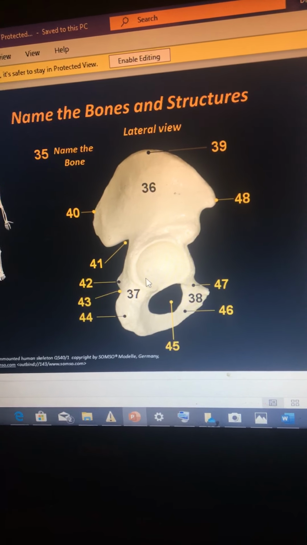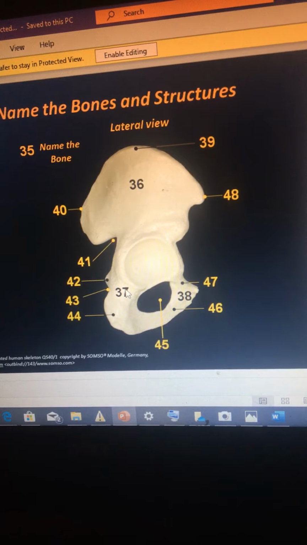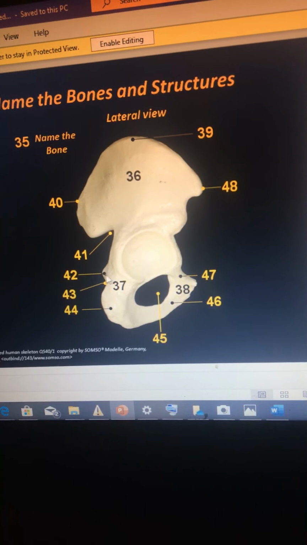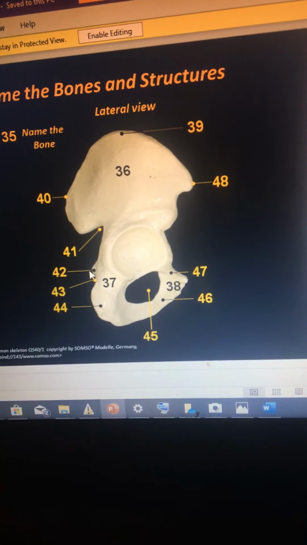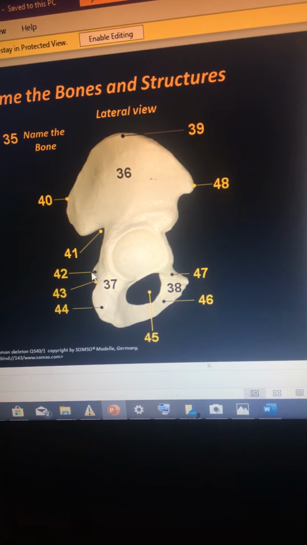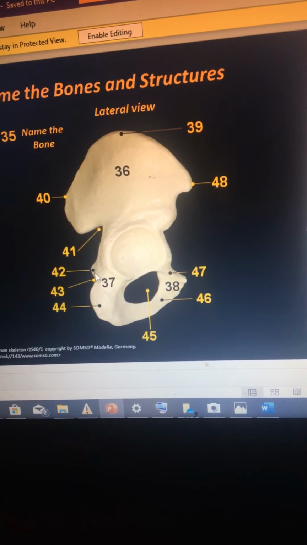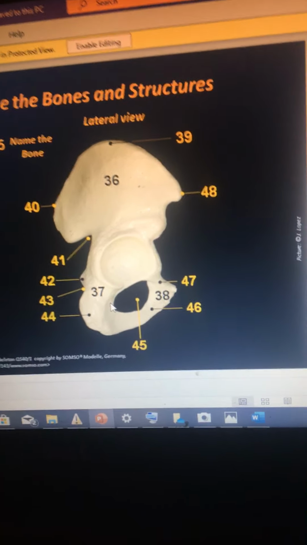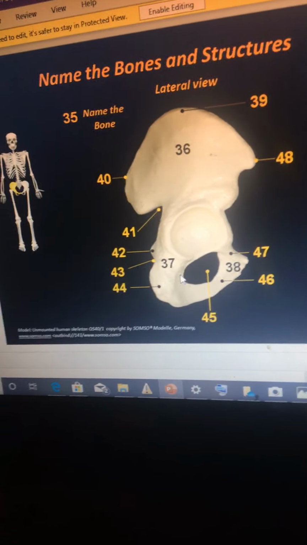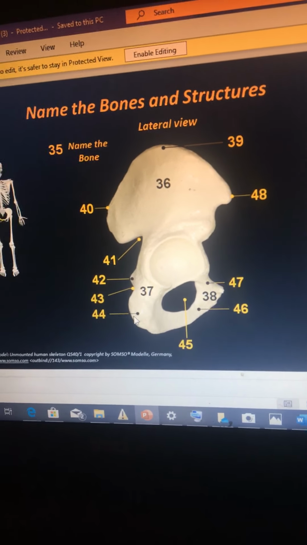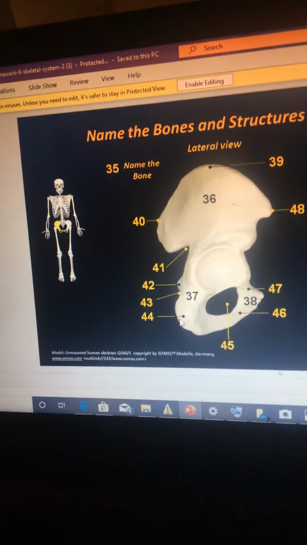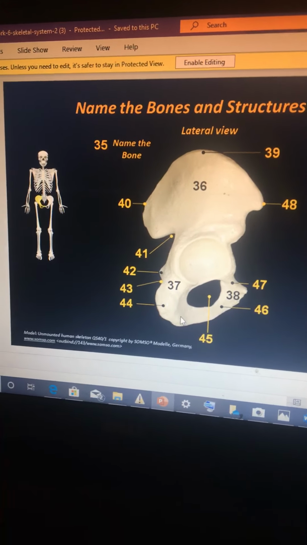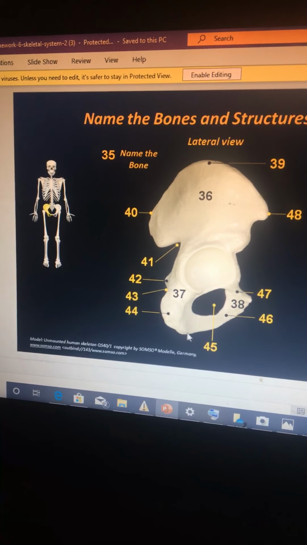So this is the acetabulum for the ischium. Then there is an ischial spine. Then there is a sciatic notch. Also, this is the body of the ischium. The ischial tuberosity. And then right here is the ramus of the ischium.